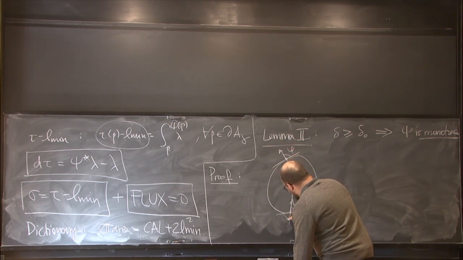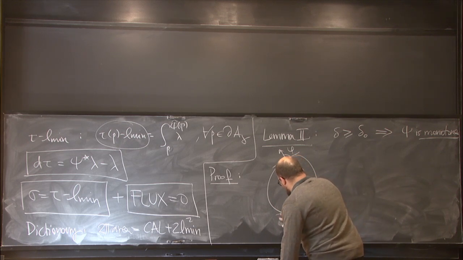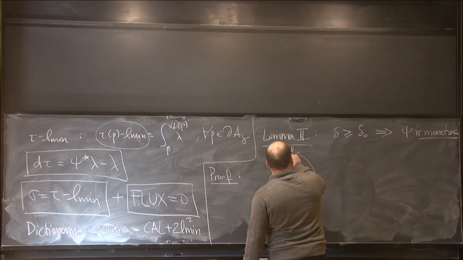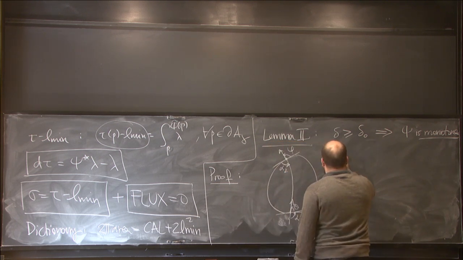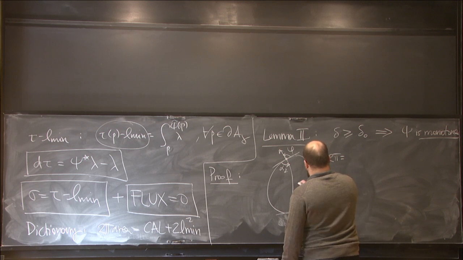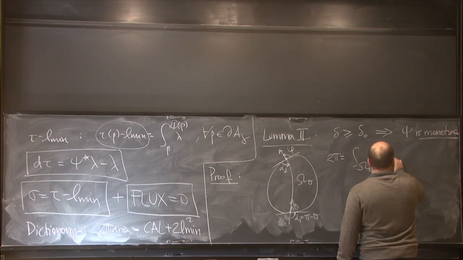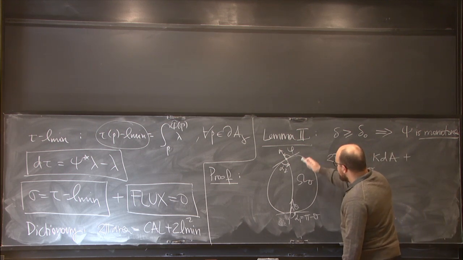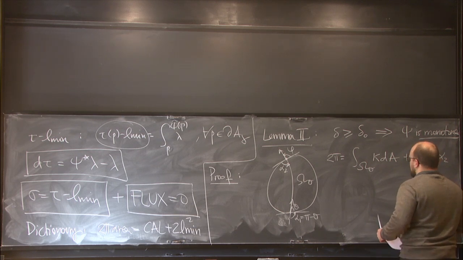So let me call this angle alpha 1. This is theta, this is alpha 1, which is equal to pi minus theta. And this is phi, this is alpha 2. So Gauss-Bonnet says that 2 pi equals the integral of the curvature on this region plus alpha 1 plus alpha 2.